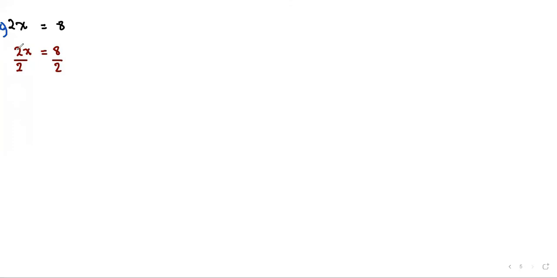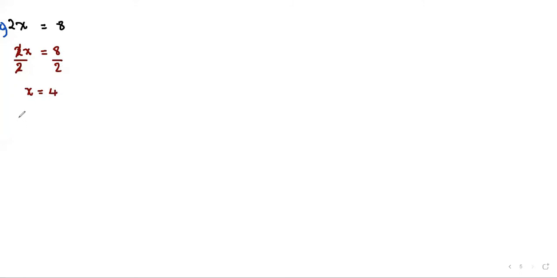If we divide 2x by 2, we are going to get 2 divided by 2, which is 1. So on the left-hand side, we are remaining with 1x. 1x is the same as x. Now, on the right-hand side, you have 8 divided by 2, which is 4.